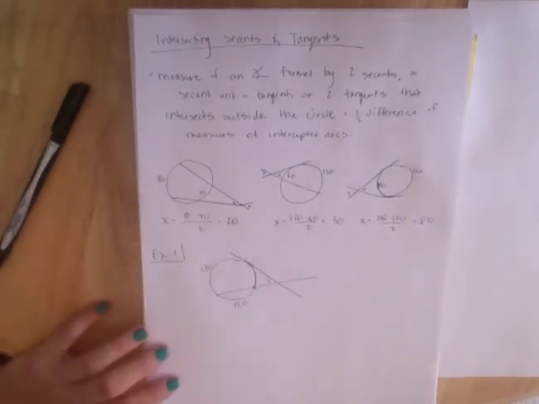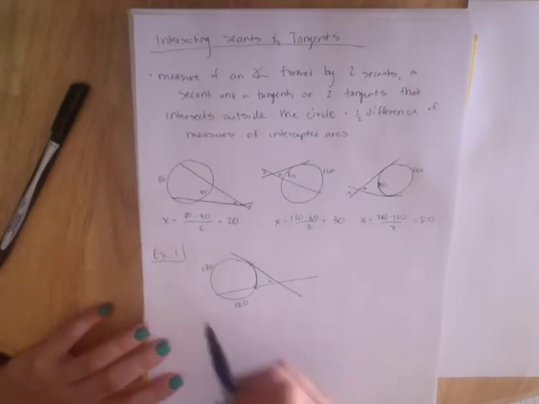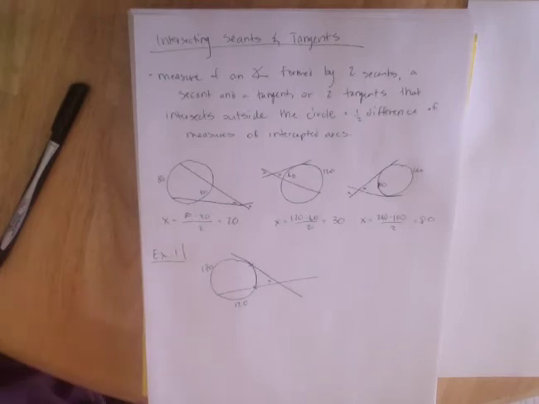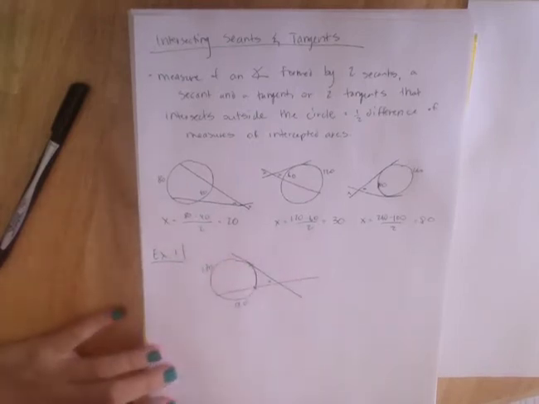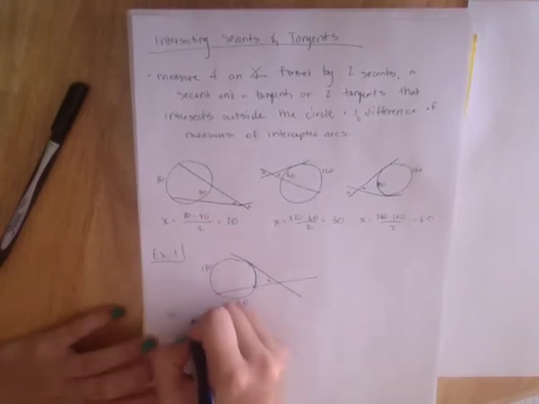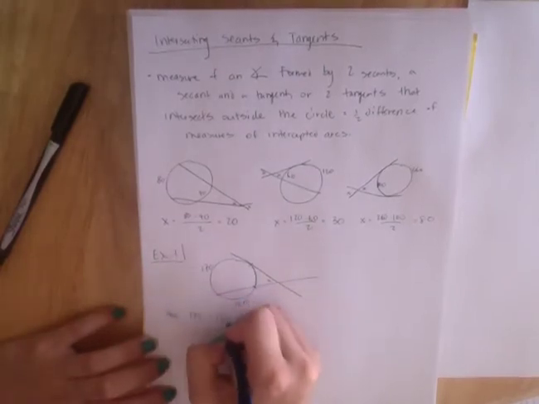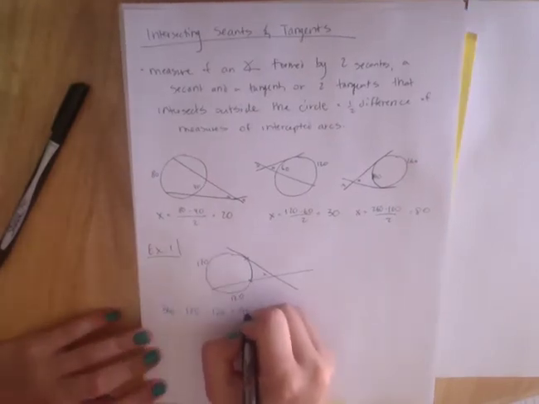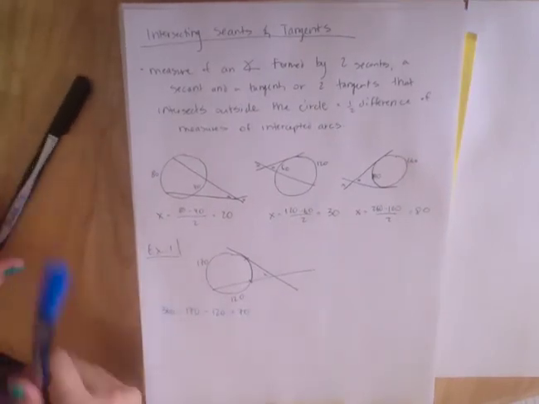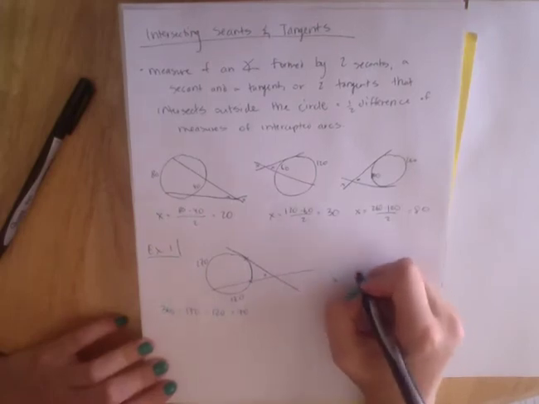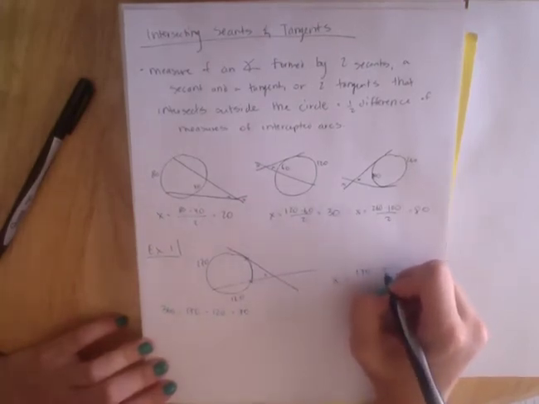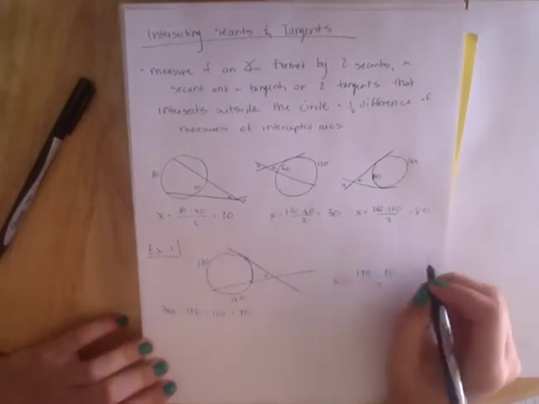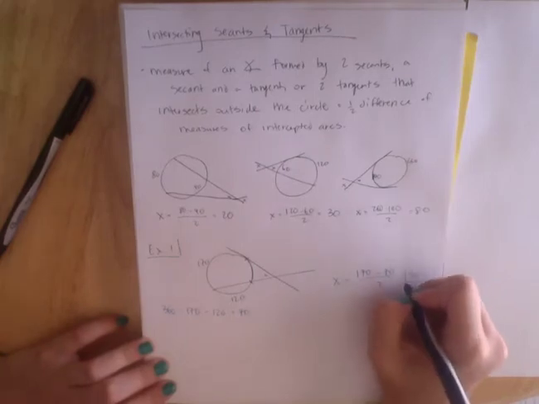We're trying to find x, but I know the other two arcs, and I know that all of the arcs in a circle add up to 360. So I can do 360 minus 170 minus 120, which gives me that this arc is 70. So then x is 170 minus 70 divided by 2, which gives me 50.